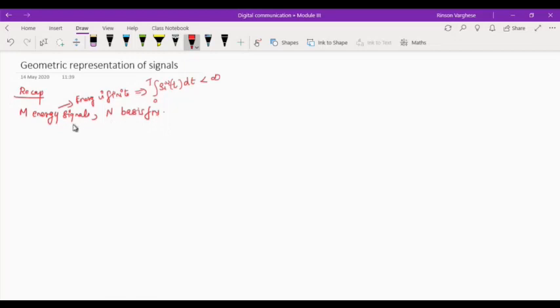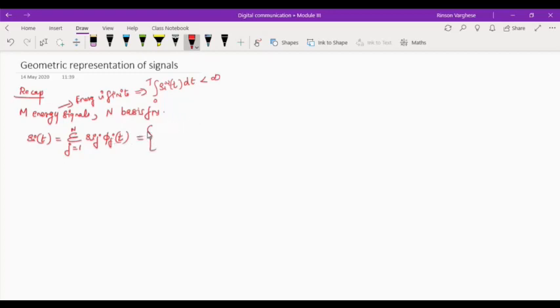Now I can represent my signal Si of t as a linear combination of my basis functions as Sij phi j of t.